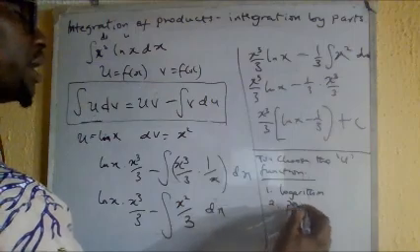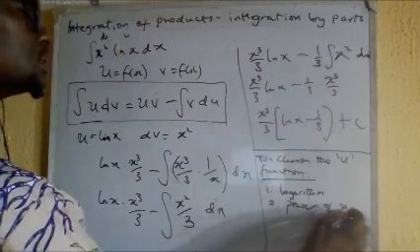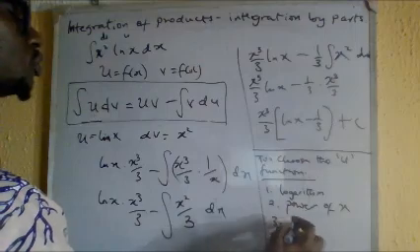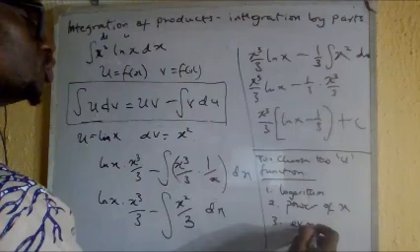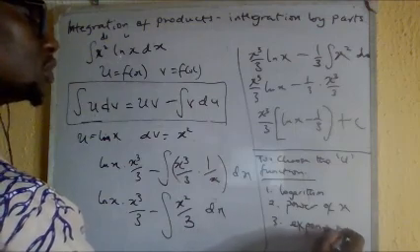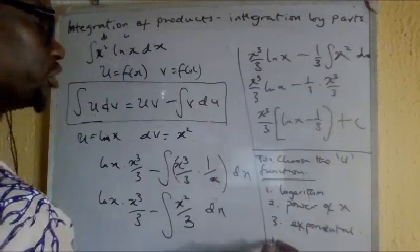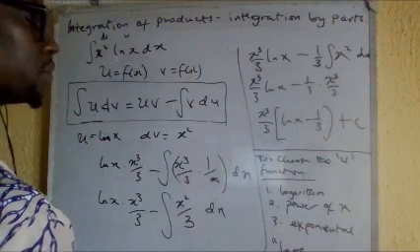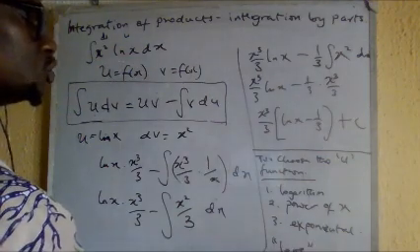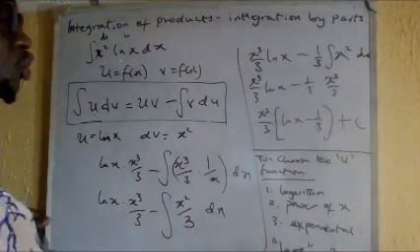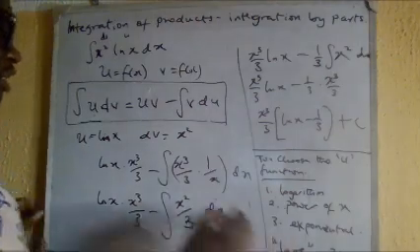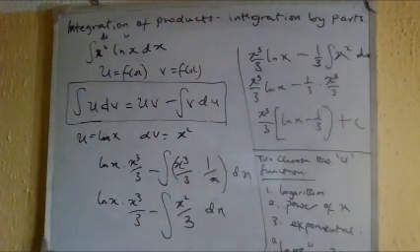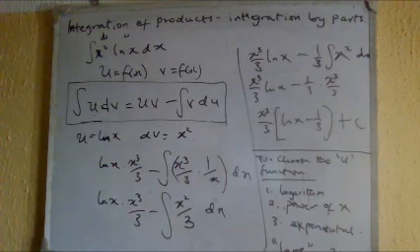And if I see any exponential function, I will take it as u. So I use the acronym LOPE to choose my u, where LO is for logarithm, P is for power, E is for exponent.